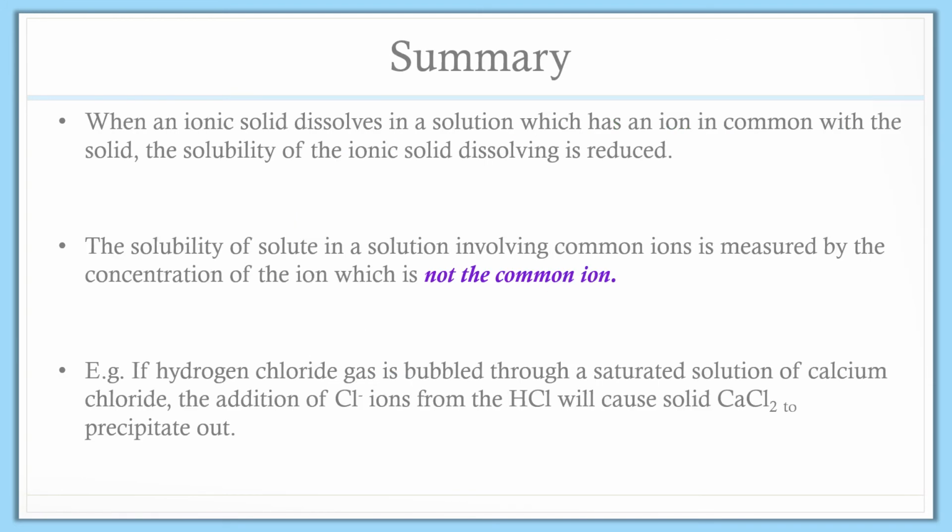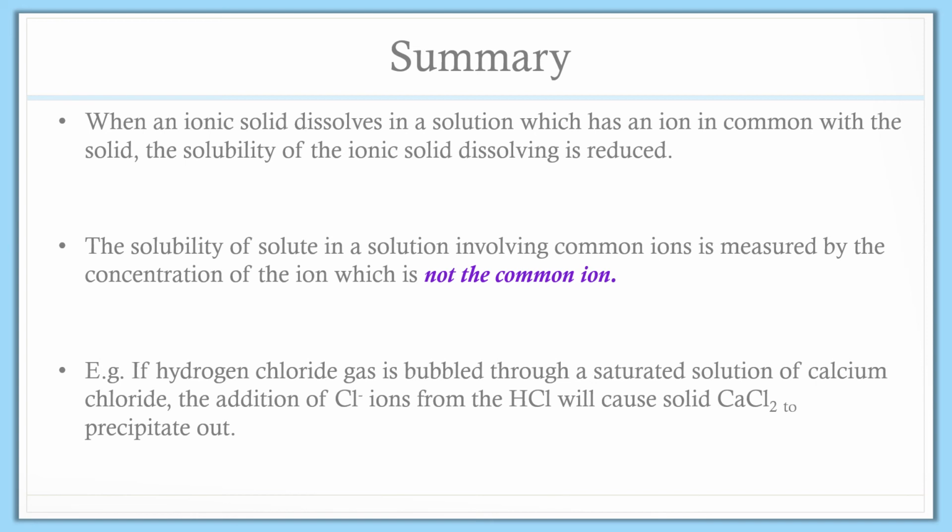All right. In summary, when an ionic solid dissolves in a solution which has an ion in common with the solid, the solubility of the ionic solid dissolving is reduced. Again, this is one of those gibberish things. So let me break that down a little bit more. When an ionic solid dissolves in a solution, so say sodium chloride, table salt, is dissolving in something else, which has an ion in common with the solid, say it's got a sodium or a chloride already in there, the solubility of the ionic solid dissolving is reduced.